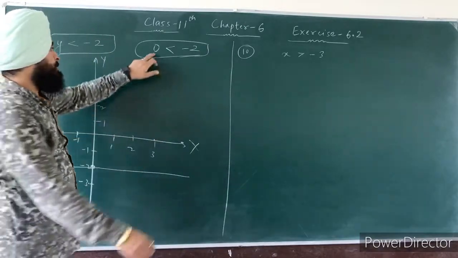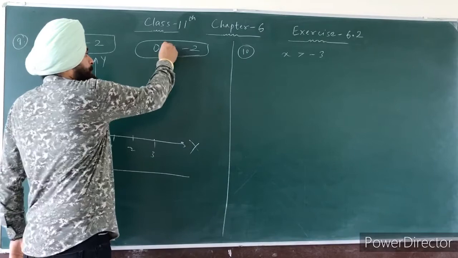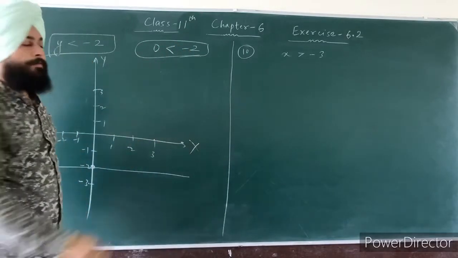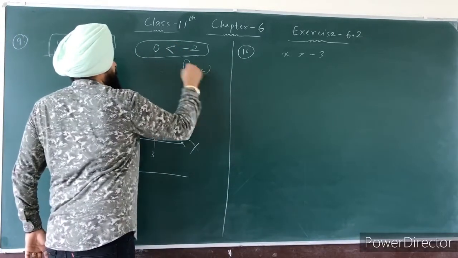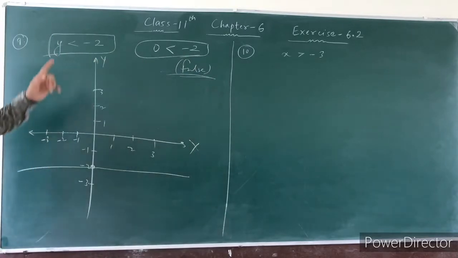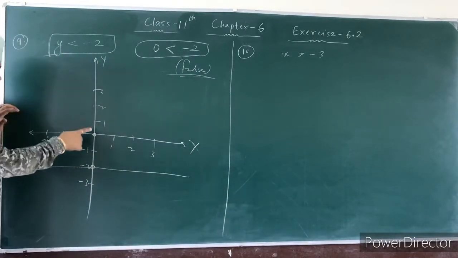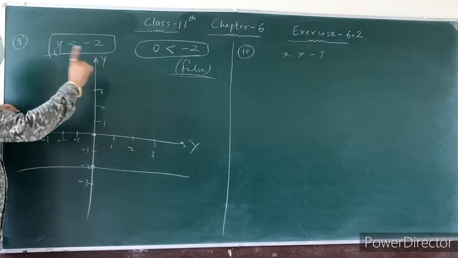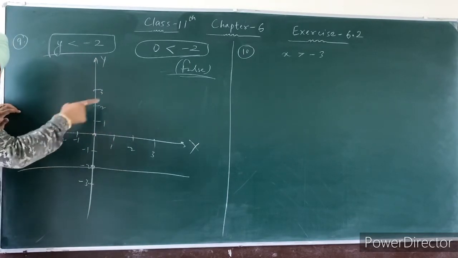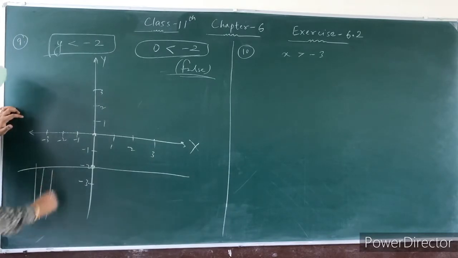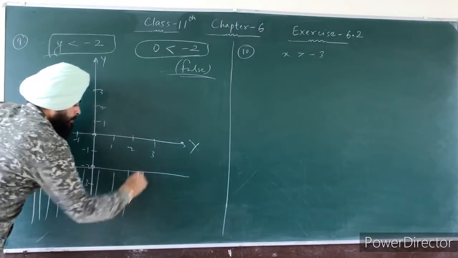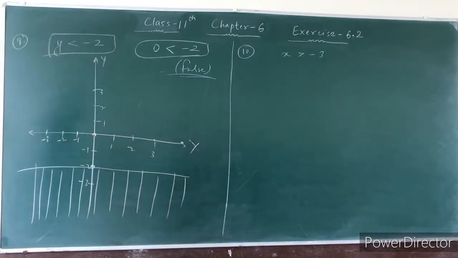But here 0 is less than minus 2, so the statement is false. This is a false statement. इसलिए 0 point इस region में include नहीं होगा. Now you can shade it downwards. उसी नीचे shade करो. Okay.